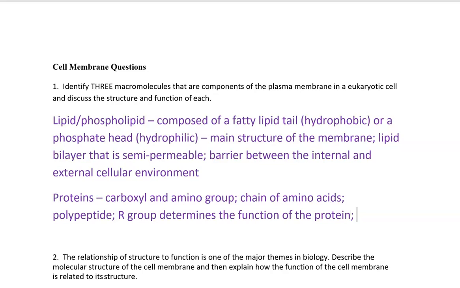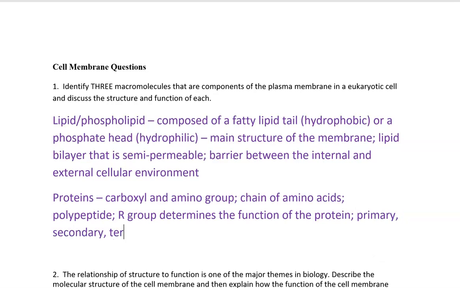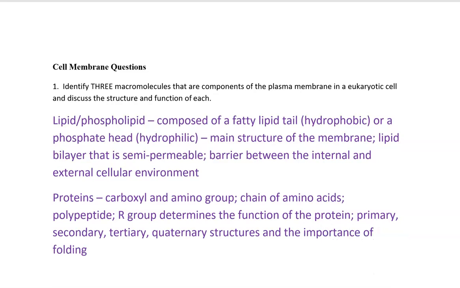You could also talk about the primary, secondary, tertiary, and quaternary structures, and the importance of folding for that particular molecule.